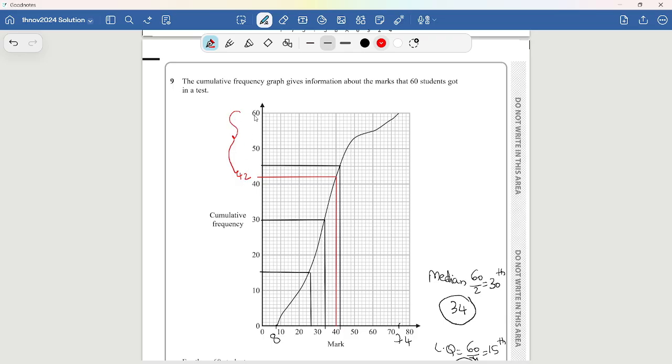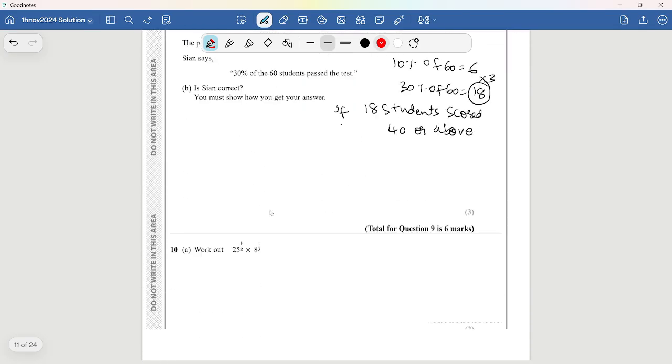So how many students are there in this range? So this range, 60 to 42, we will have 18 students, to be more precise. Yeah, so there are 18 students between 60 and 42.